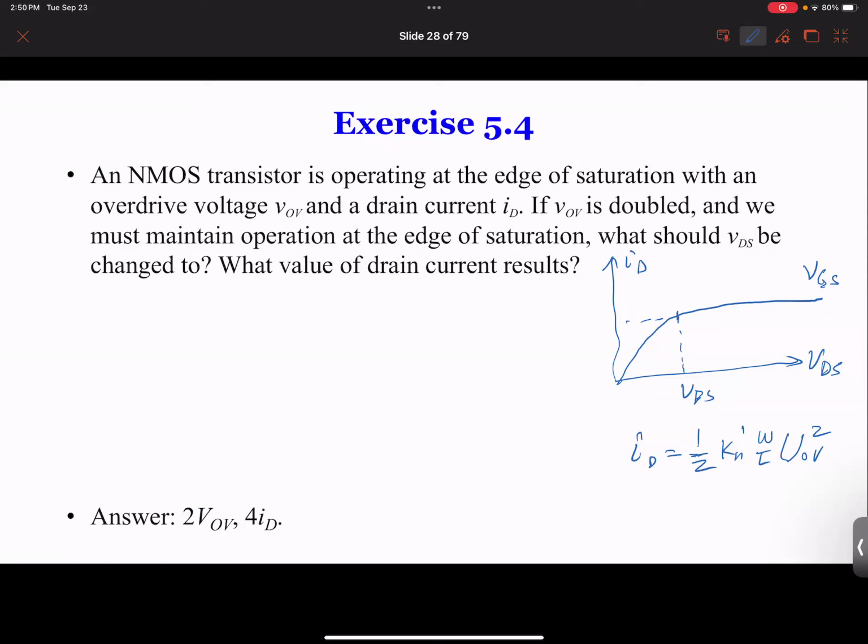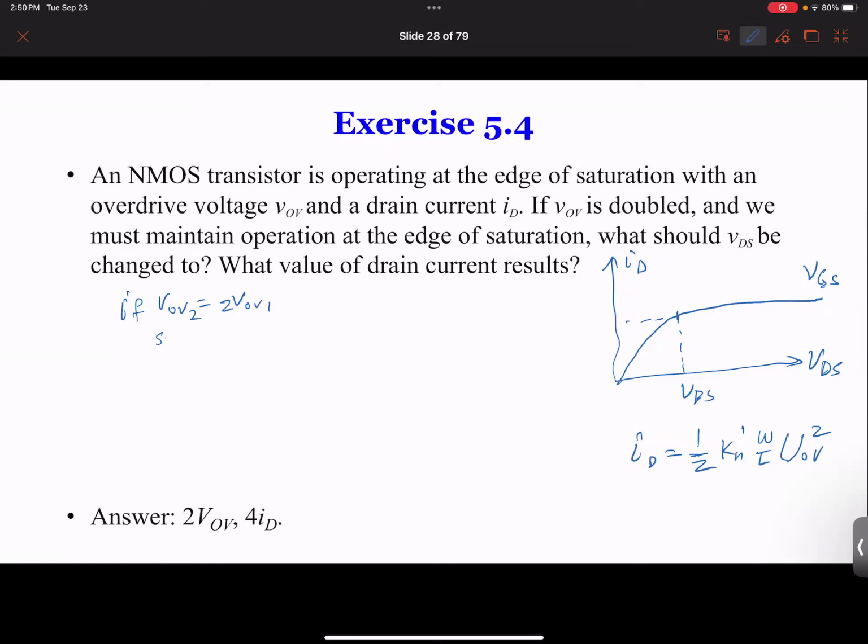If you double VOV, you see what happens? If you don't change VGS, your current is going to increase, right? So if VOV2 is 2 times VOV1, this is what happens.